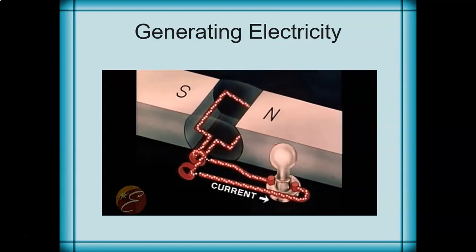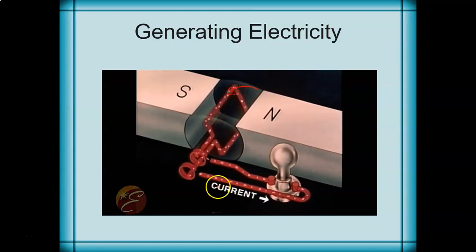Here's an example again where you're seeing the current move back and forth with this particular setup, but as this spins, you're generating an electric current.